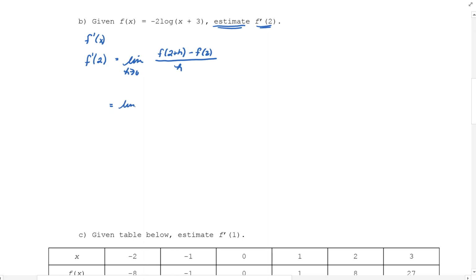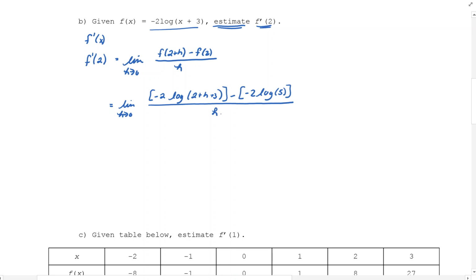So again, a limit as h goes to 0 of, just plugging into this function, negative 2 log (2 plus h) plus 3. That's my f at 2 plus h, minus f at 2, negative 2 log 2 plus 3 is 5.